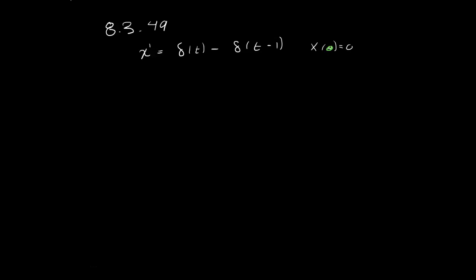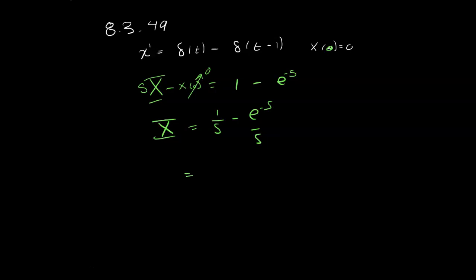So I'm going to take the transform of each side. And we have this special property that the delta function, if it's just at the normal position, just gives you the constant 1. But when you have it shifted, so delta of t minus 1, this will give you e to the minus s. So this is 0. So our capital X there is 1 over s minus e to the negative s over s.